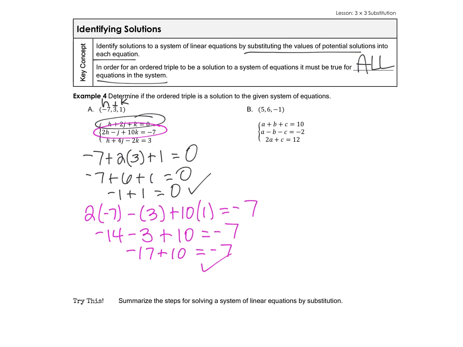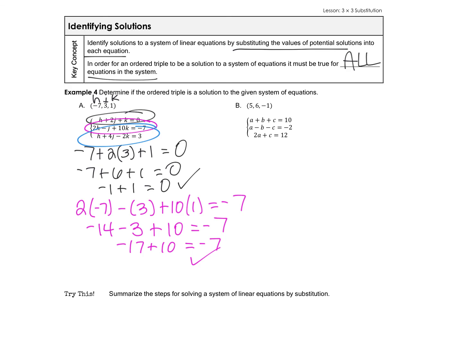So again, you have to plug it into all three. It could work on the first two, but not the last one. So -7 plus 4 times 3 minus 2 times 1 equals 3. That's -7 plus 12 minus 2 equals 3.